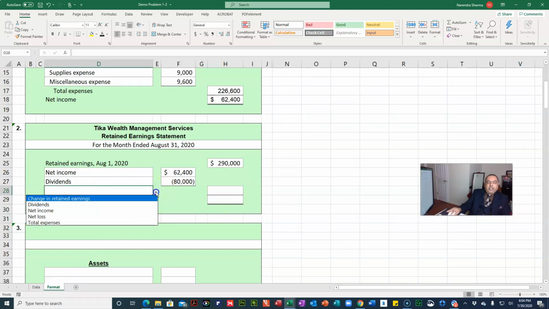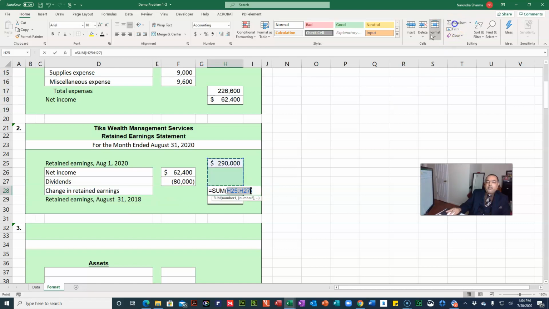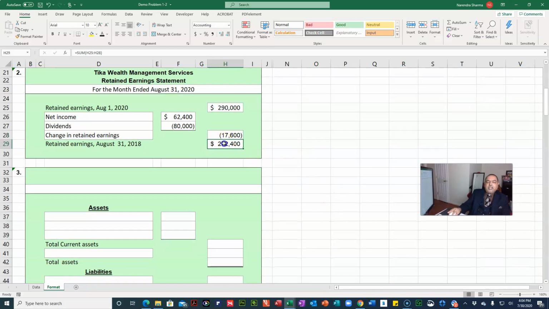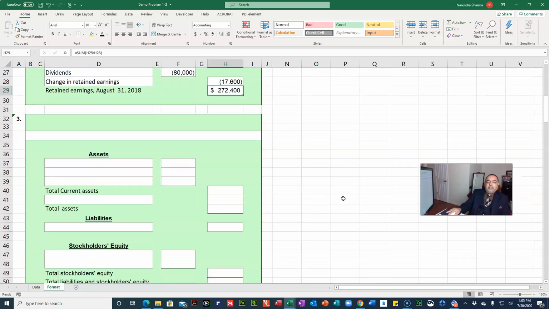And now the change in the retained earnings is, of course, going to be net of 17,600 negative, because the negative was higher than the positive. So now if I sum these two numbers, I get 272,400, because this is positive, this is negative. So that is the ending retained earnings amount, which we will bring down to the balance sheet when we do that.